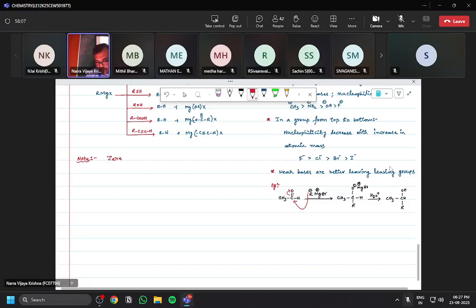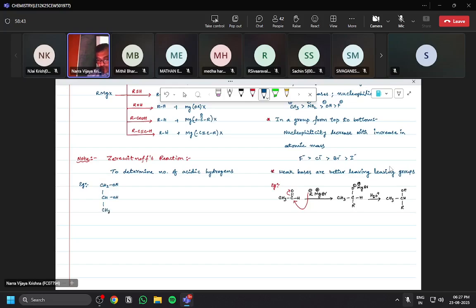Zerewitinoff's reaction. This Zerewitinoff's reaction is used to determine the number of acidic hydrogens. For example, I'm taking glycerol. Glycerol will have 3 OH groups or not.